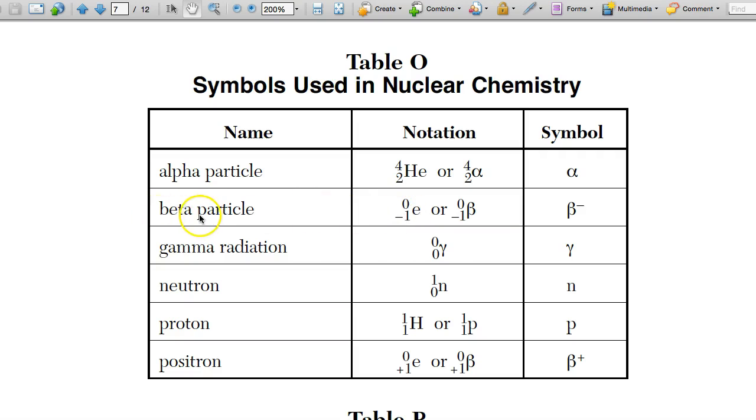Now beta particles are a lot more penetrating. They're a lot more dangerous than alpha particles. Your skin or a piece of paper will stop alpha particle radiation, but not beta. And the reason is betas, of course, are lighter, but they will be deflected by a charge, right? They're -1, so they'll move toward a positive plate. These guys are +2 because of the 2 protons. They'll move toward the negative.